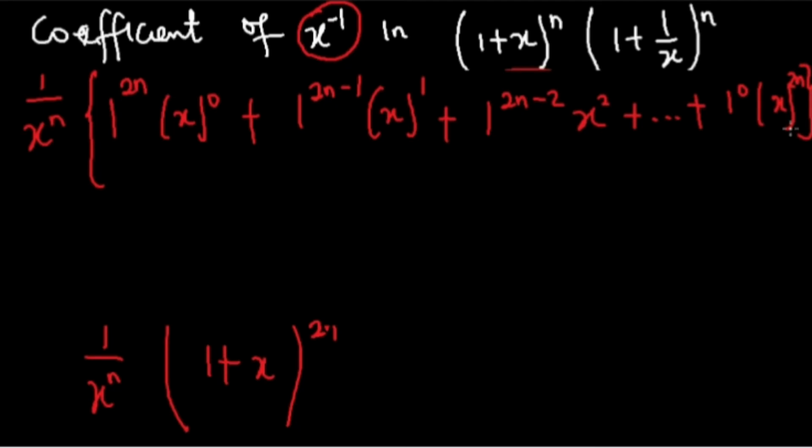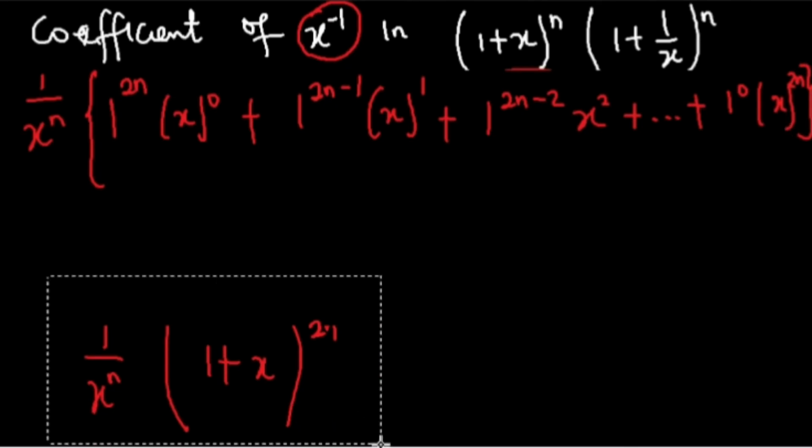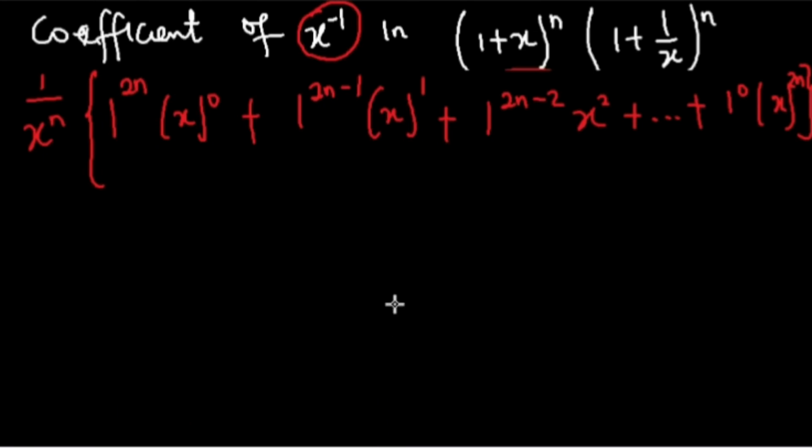Now since we have done this expansion, we can now open the bracket to see if we can have x raised to the power minus 1 in the expansion.